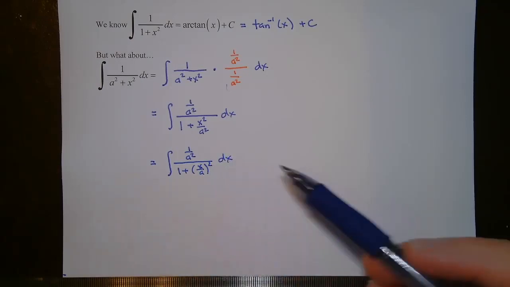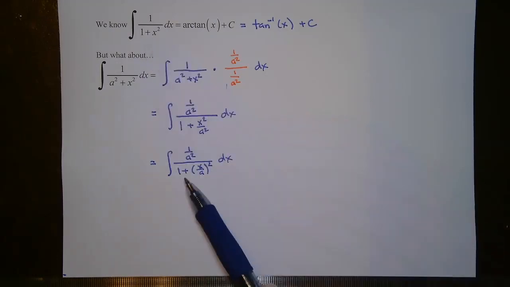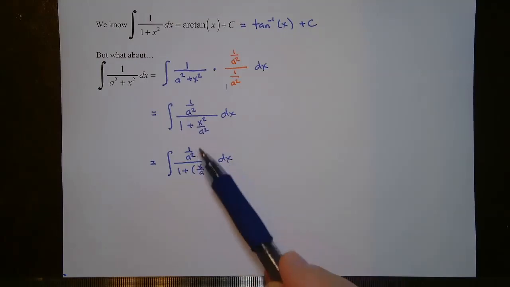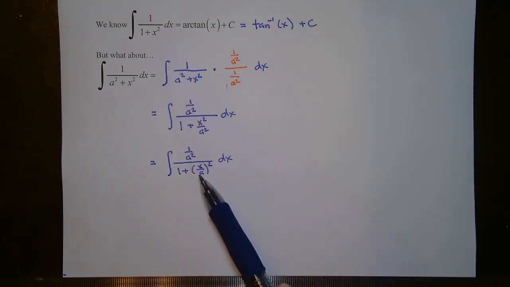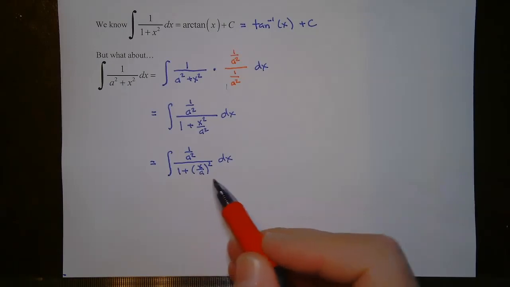Okay, so now it's starting to take on this form, right? So we've gotten this 1 here, right? And we're squaring something. Okay, so we're squaring something, but it's not x, right? So this is a perfect example of integration by substitution. So we're going to let u be this x over a.